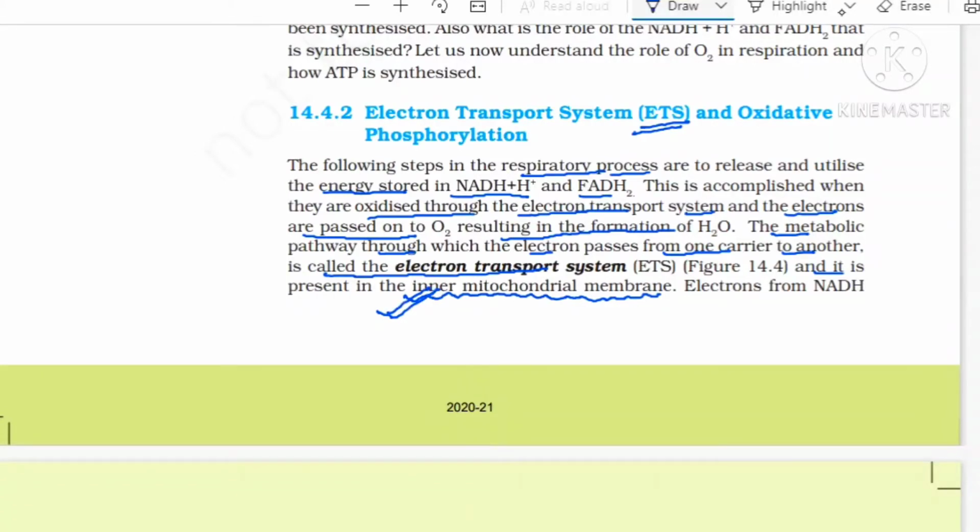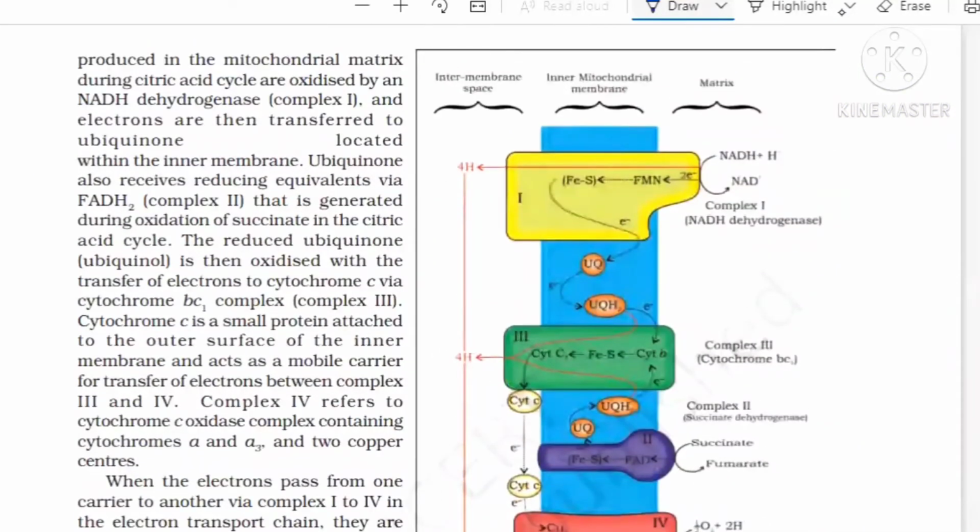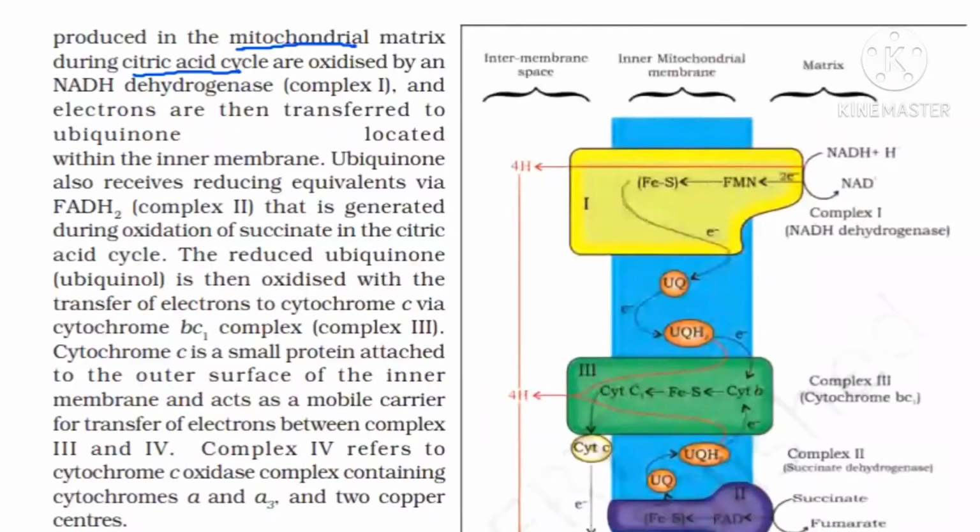Is it clear? Now electrons from NADH plus H plus, which are produced in the mitochondrial matrix through the citric acid cycle, also known as the Krebs cycle, are oxidized by the first complex, known as NADH dehydrogenase.